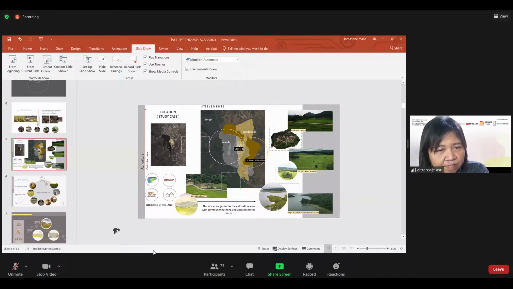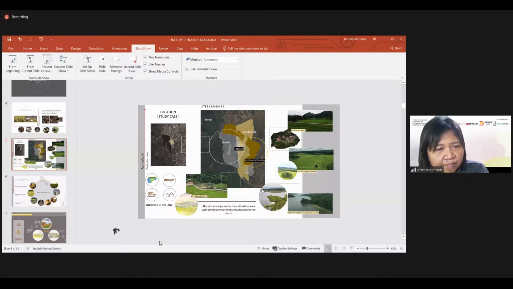I think this area is a symbol area for our country because people in Laos have agriculture and cultivation areas, and I wanted to use this location to make something that responds to the surrounding area and to the community there.